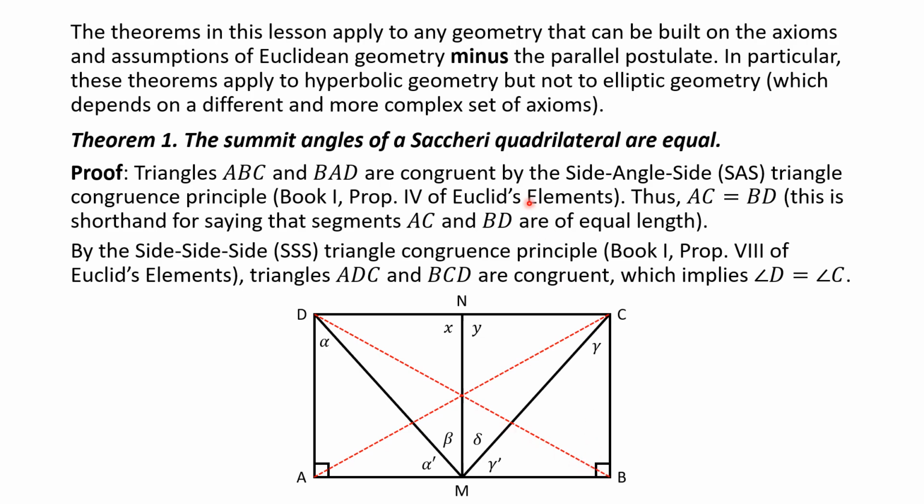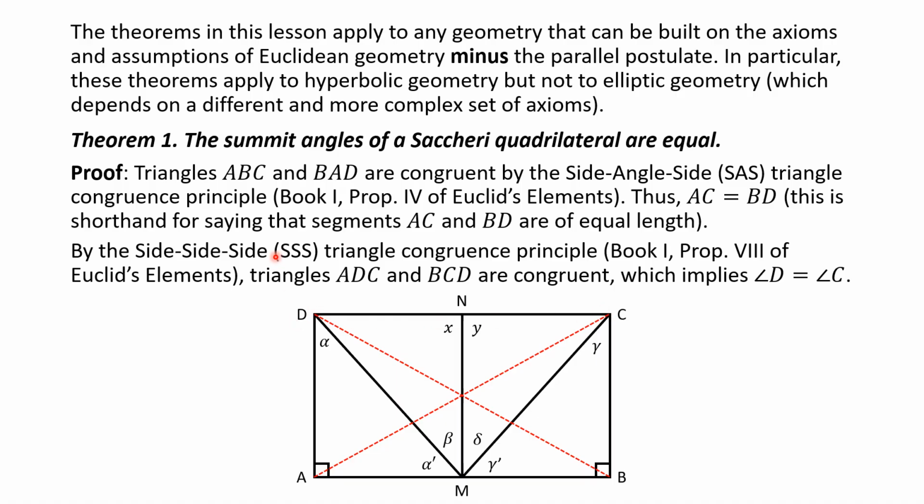Okay, so that's the first part of the theorem. So these two diagonals are equal. And then we make use of the side-side-side congruence principle, because we have triangle ADC, this upper one here, and triangle BCD are congruent.